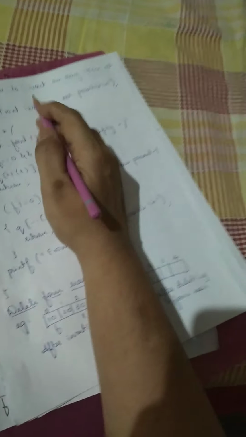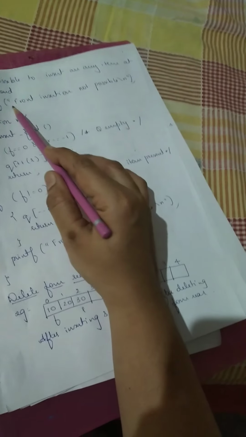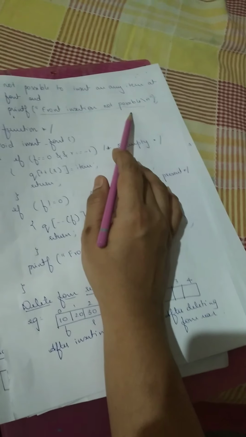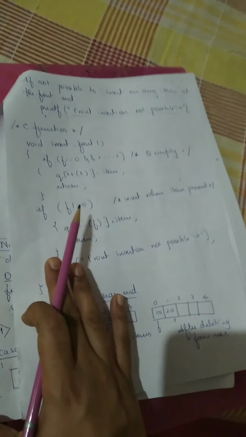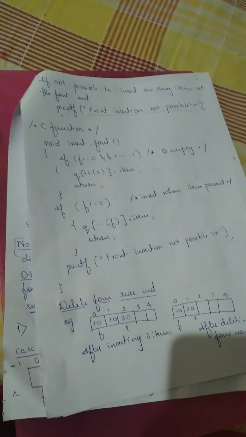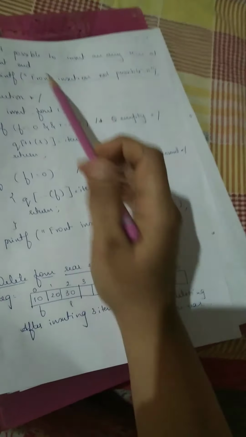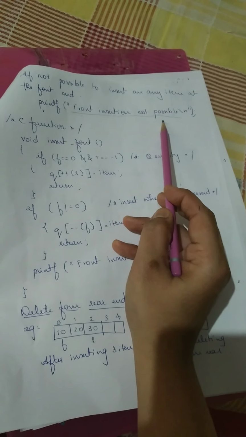If it is not possible to insert any item at the front end, here we need to display the message front insertion is not possible. So we have already inserted the elements 10, 20, 30 into the queue. Now it is not possible to insert any item at the front, so we need to display a user defined error message that front insertion is not possible.